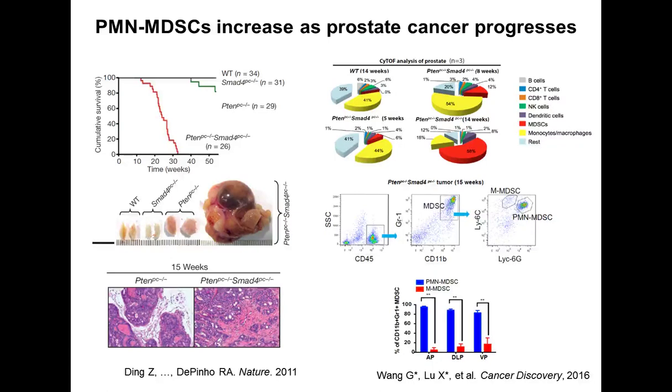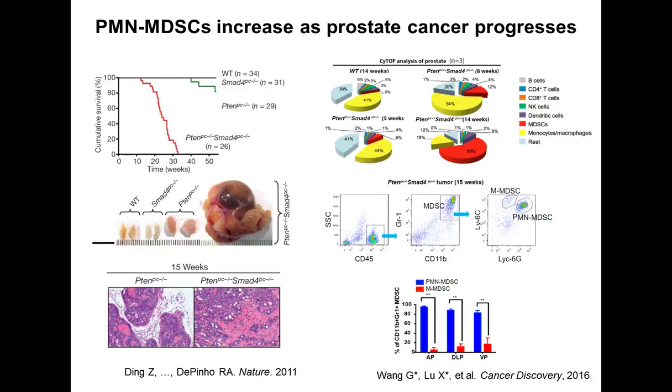By looking at the histology of these double knockout tumors, you quickly realize they not only have a significant increase in cancer cells, they also have a lot of infiltration of non-cancer cells, and a lot of them look like immune cells. That was the earlier paper.